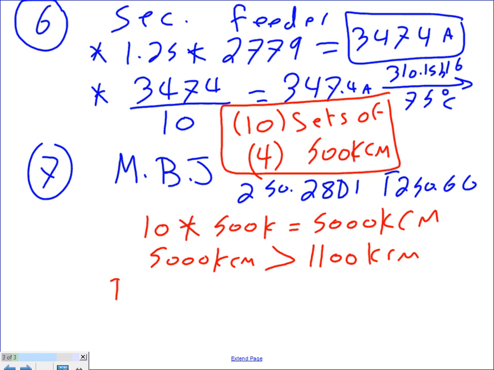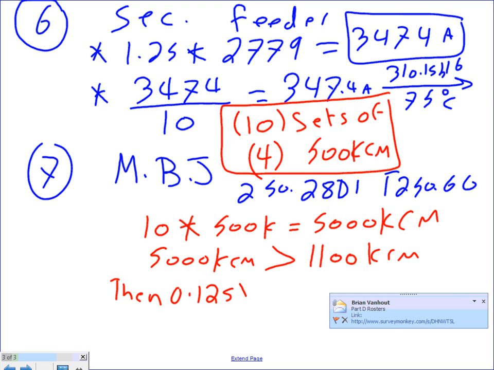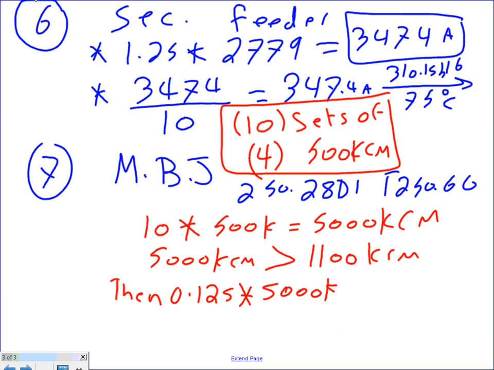Then what do you need to do? Remember that rule, 12 and a half percent, which is 0.125, multiplied by 5000 kcmil. Everybody's following me? We went through that when you parallel: if you have parallel sets, you multiply the size by how many sets you have. 10 times 500 gives you 5,000.